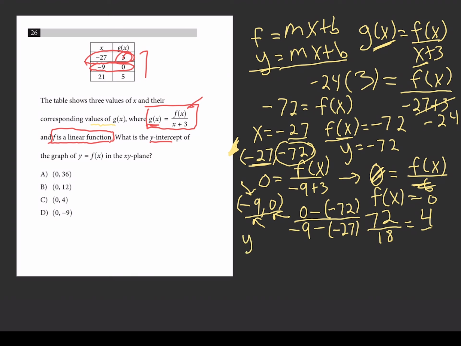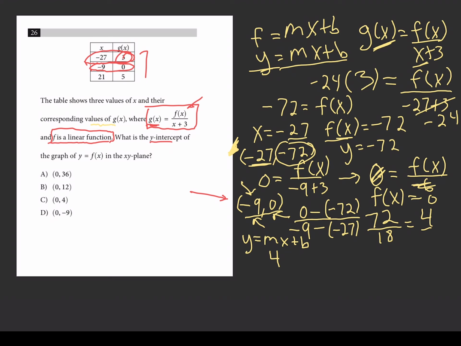I just use the model. Let's go y equals mx plus b, and then, all right, so I know the slope is 4. So this is going to be a 4. And I have a sample x and y coordinate right here because I can use -9, 0 right there. So let me just do that.